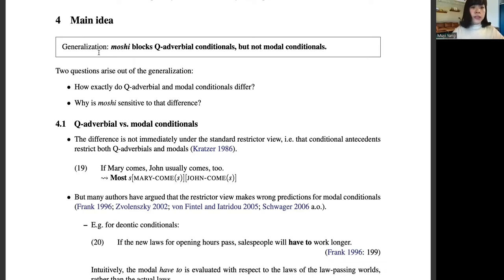First of all, how exactly do Q adverbial and modal conditionals differ? And second, why is moshi sensitive to that difference? First of all, let's just look at the difference between Q adverbial and modal conditionals.